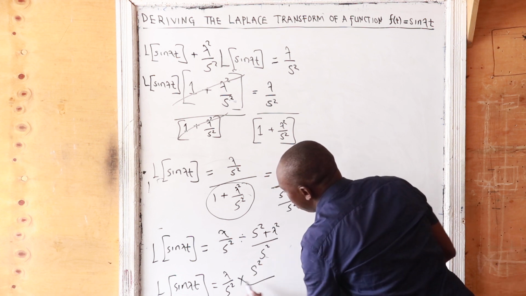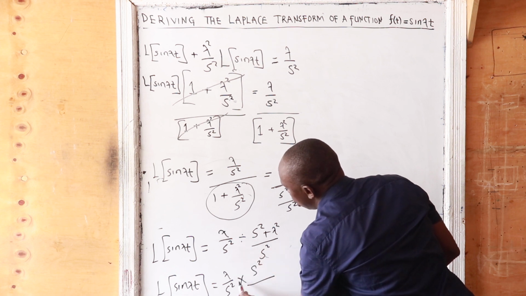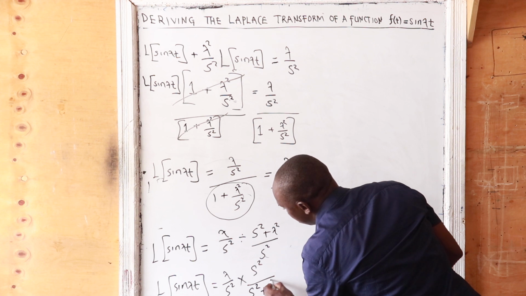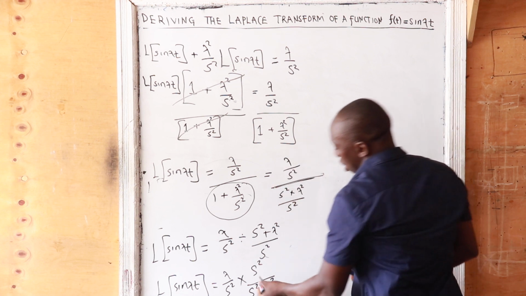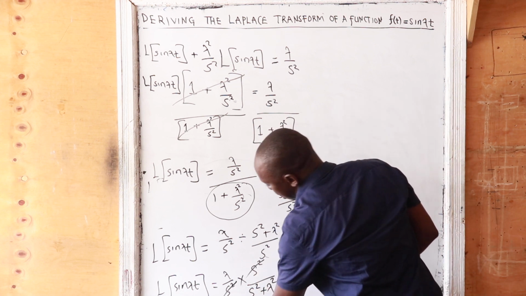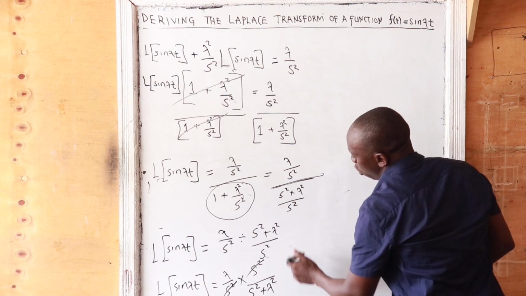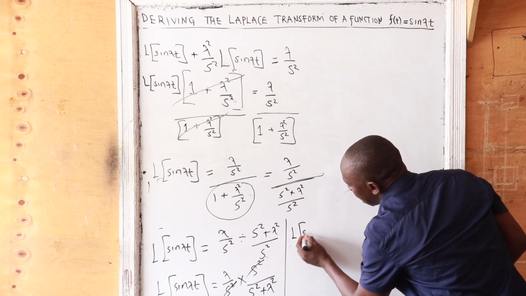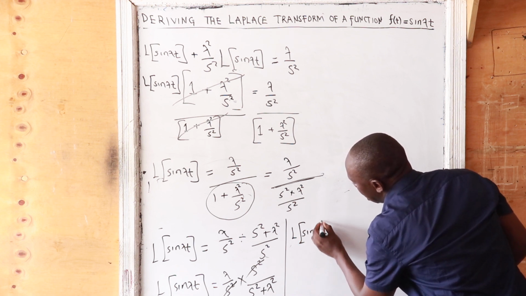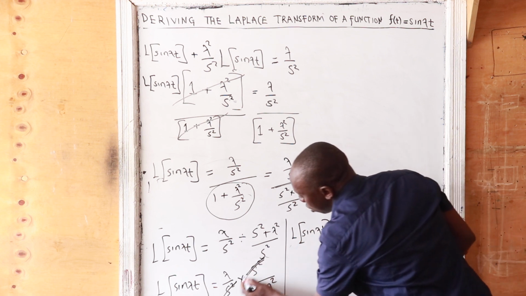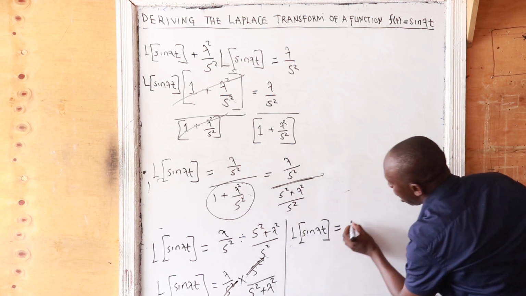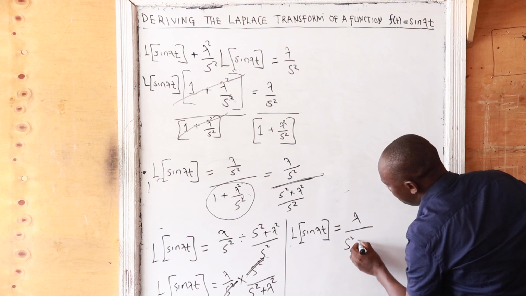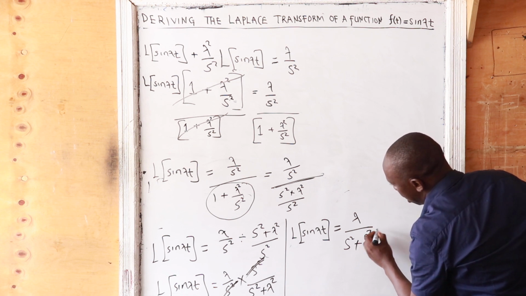We are inverting this term so that the division changes to multiplication. S squared goes with s squared. We remain with the Laplace transform of sine lambda t being equal to lambda all over s squared plus lambda squared.